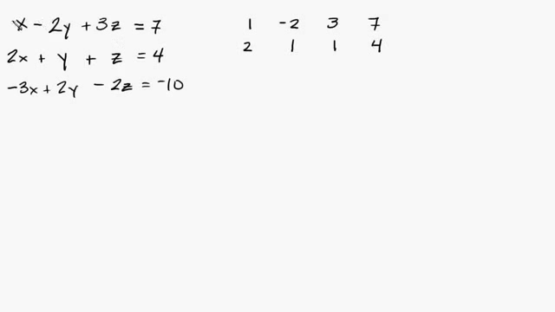As you can see, the coefficients here are 1, 2, 1, 1, 4. Over here is going to be 3, 2, negative 2, negative 10. So you're going to have negative 3, 2, negative 2, negative 10. Now these are not coefficients, these are just constants, so they're going to end up over here. So basically all you're doing is kind of like erasing the variables.